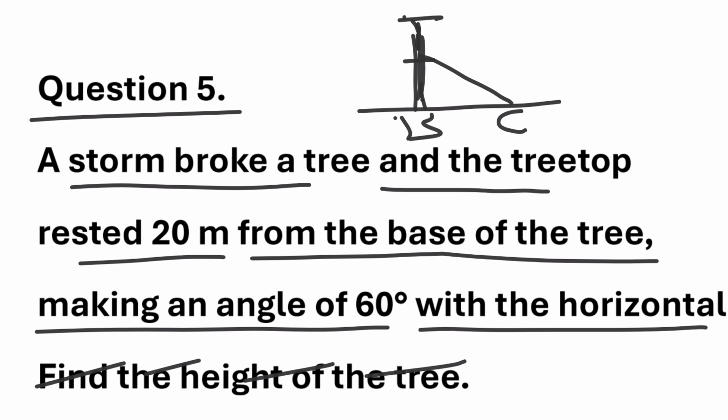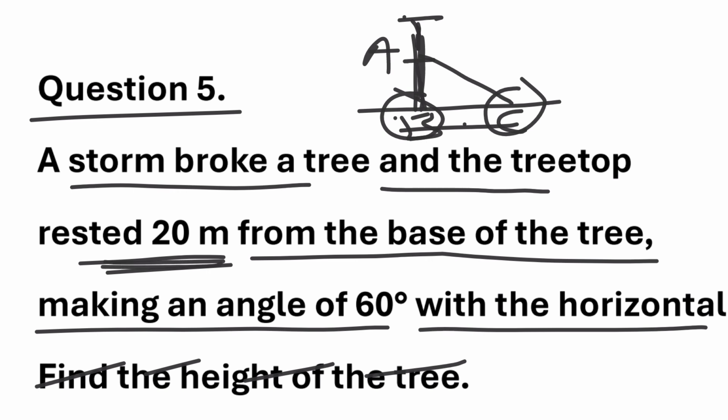Suppose this is B and this is E. The distance between the top and the base of the tree is given. That is 20 meter, means distance BC is given as 20 meter.